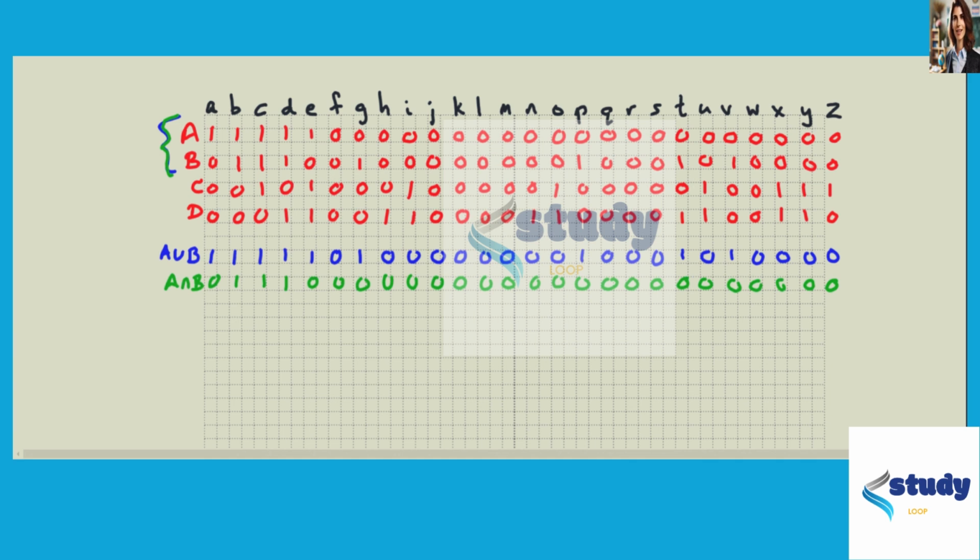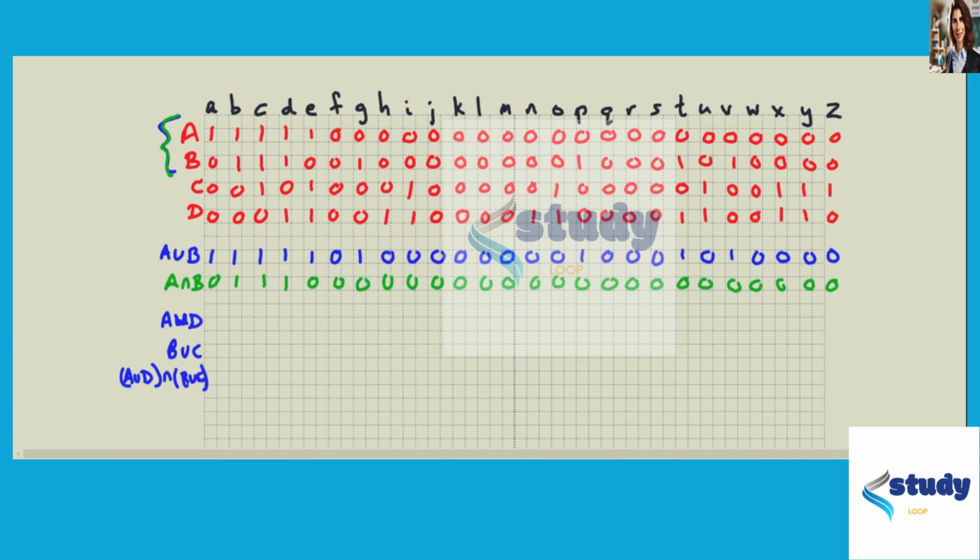The first piece is the union of sets A and D, and then the union of B and C. Once I have those 2, I'll take the intersection of the 2 unions.